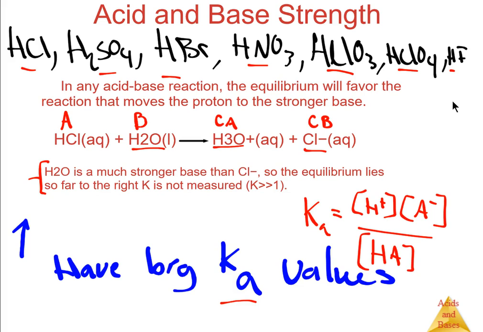And in a weak acid, only part of it dissociates. So we will actually have a Ka value.